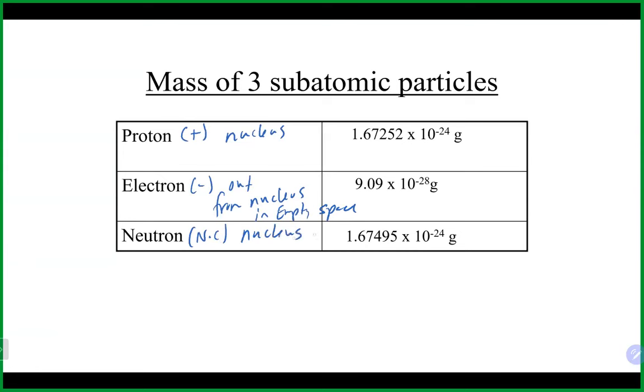The masses of the neutron and proton are super close, but the neutron just barely beats out the proton. Any questions on that? You need to know where these particles are found, their charges, and which one is the heaviest, the lightest, and so forth.